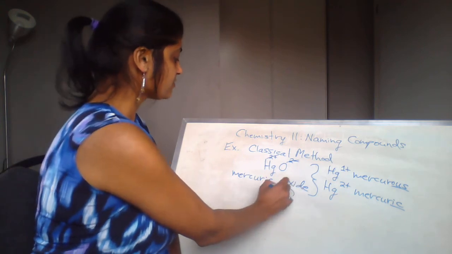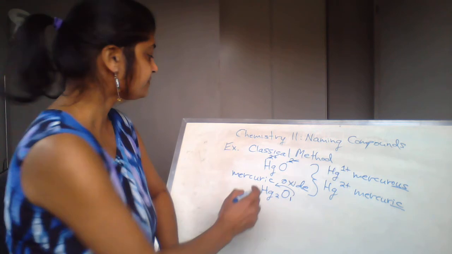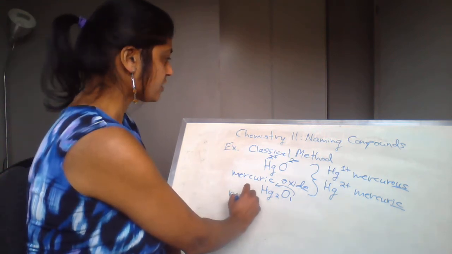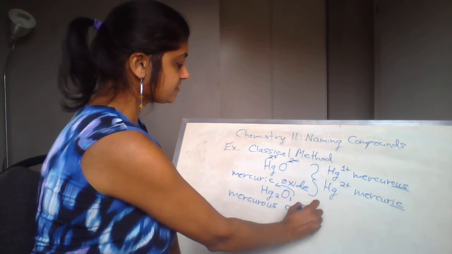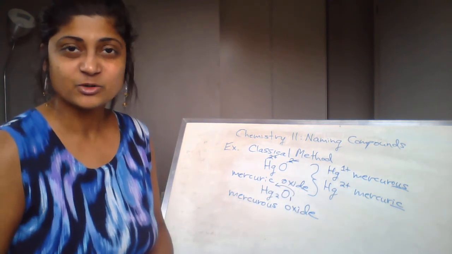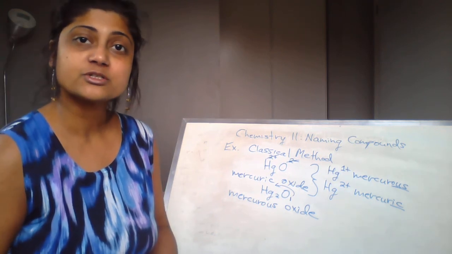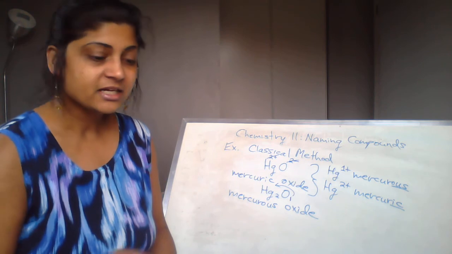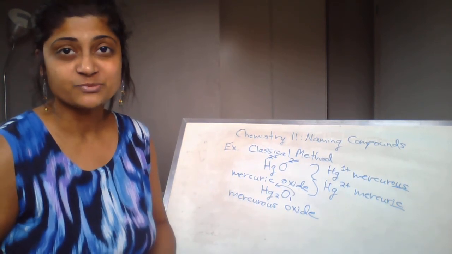This 1 is coming from the mercury. So I know that the charge on mercury is 1 plus, which is a lower charge. So I'm going to put mercurous oxide. Does everyone see the difference here? I have to make sure I'm looking at the subscripts to do the reverse crossover method, and that way I can tell what the charge is on the transition metal.